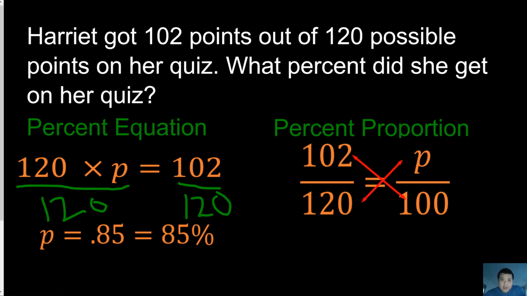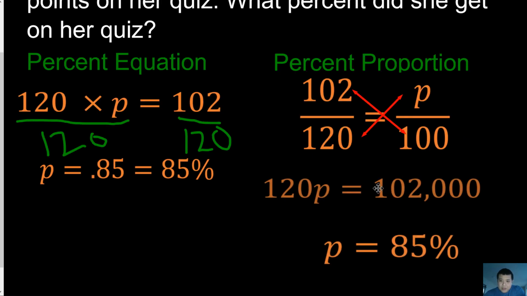That's perfectly fine. But we're just going to do it this way this time. And as a result, oops, this is wrong. No, this is right. 120p equals 102,000. And then we're going to divide both sides by 120. And we get 85 as our final answer, so it's 85%.